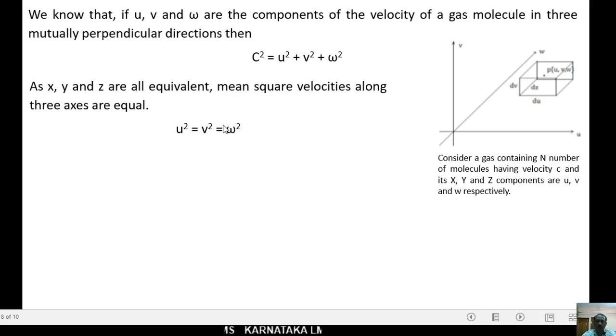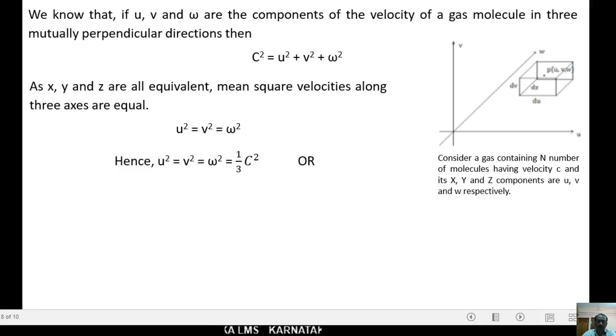Therefore, u square equals v square, which is also equal to w square. All 3 component velocities of the system will be equal. Hence u square equals v square equals w square, which is equal to 1/3 c square.